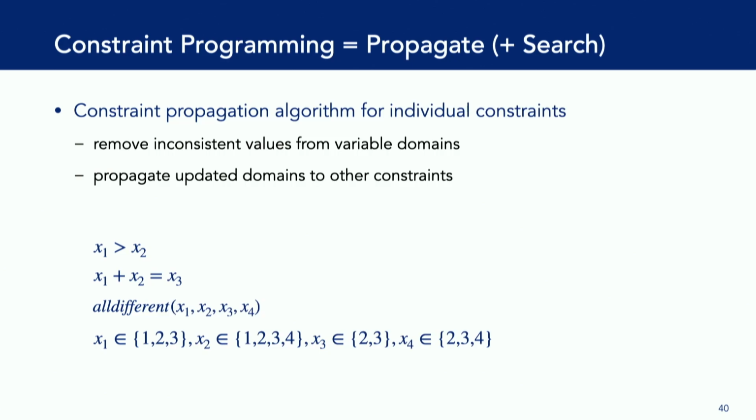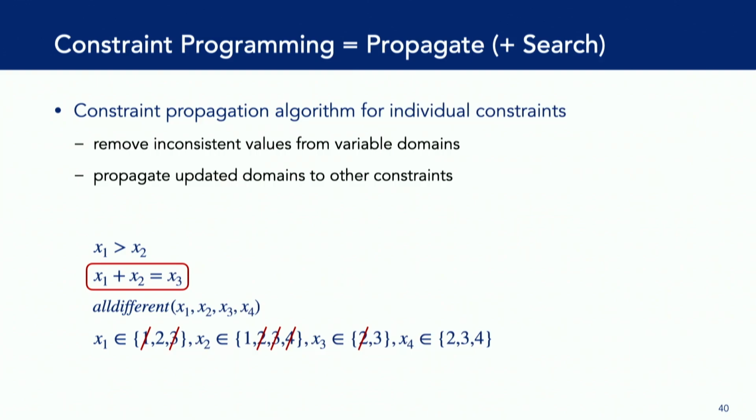So for example, if we look at the first constraint, x1 should be strictly greater than x2, I can remove some of these domain values, 1 for x1 and 3 and 4 for x2. Okay? Then we go to the next constraint using these updated domains, and we can now exclude more values from these variable domains.